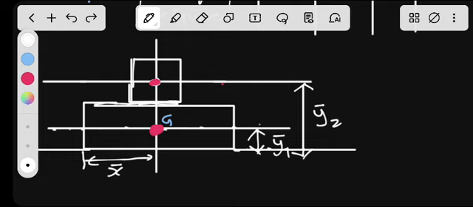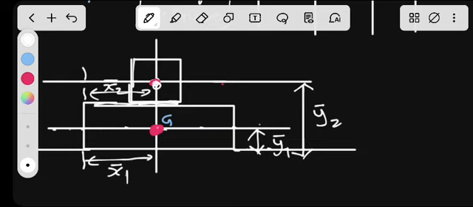You have here x1, then x bar 1, you can call that. Also x bar 2 will be from here until there, the same as that. So this is how you find it, this is a center there, this is a center, right?